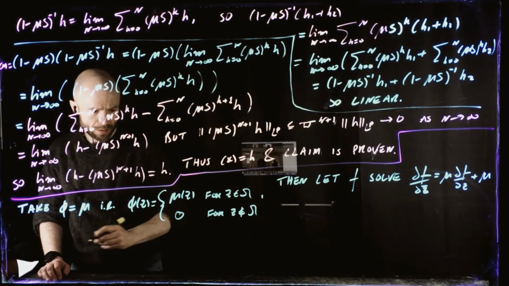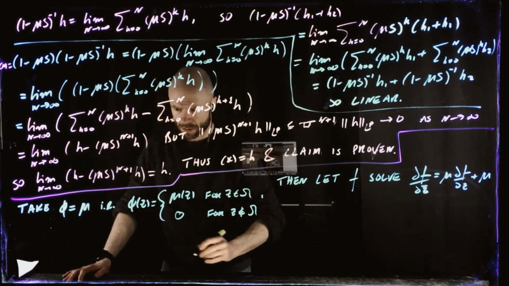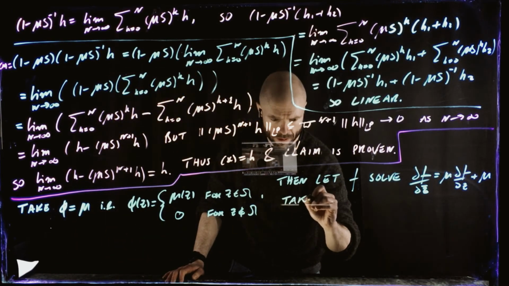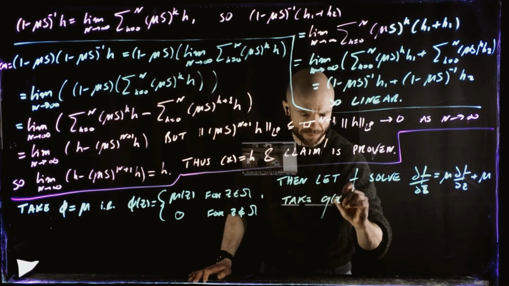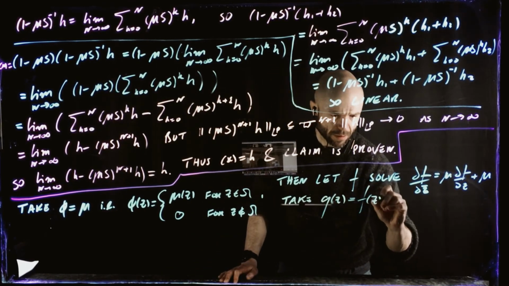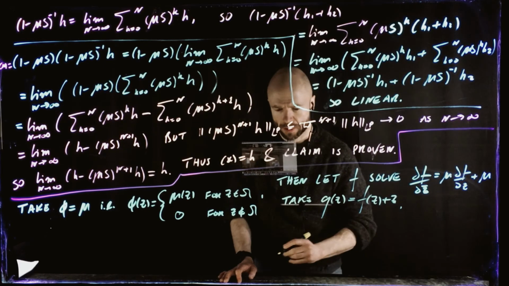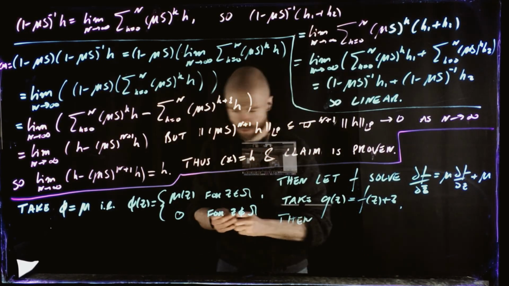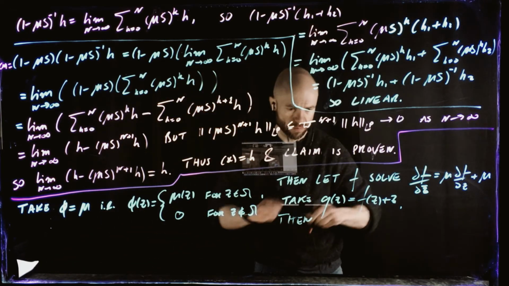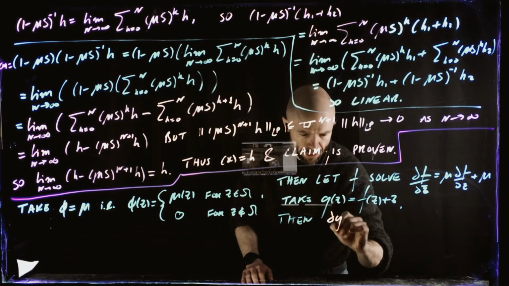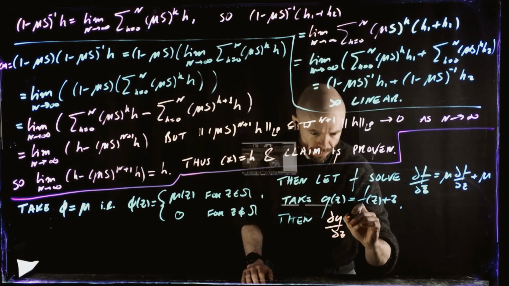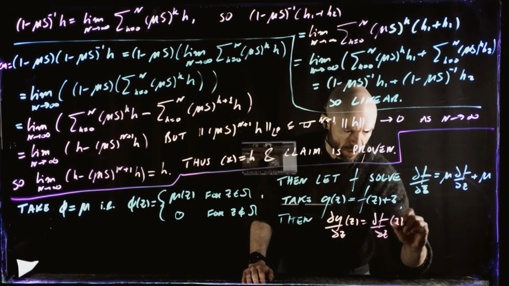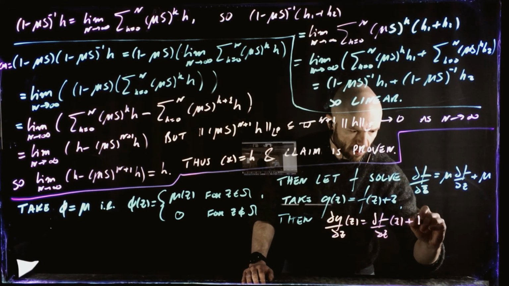And take g of z to be equal to f of z plus z. Then dg by dz of z is df by dz of z plus 1 itself.